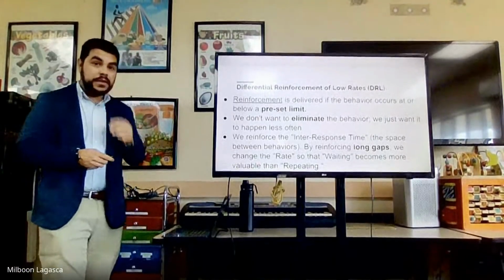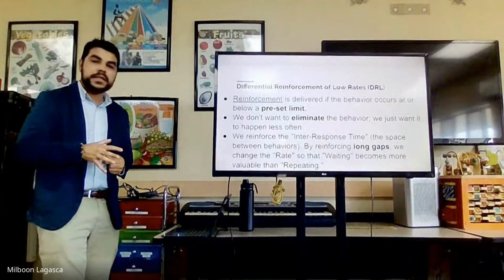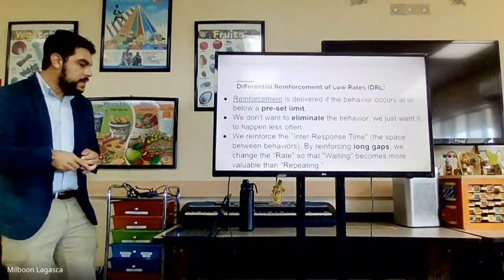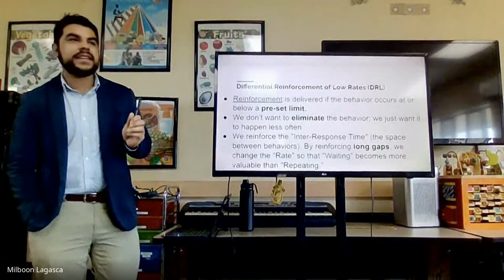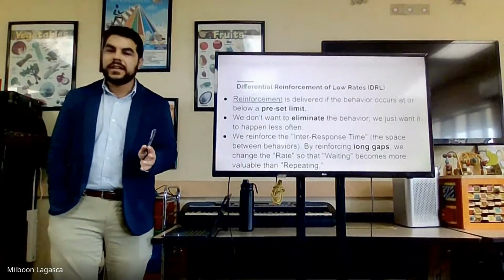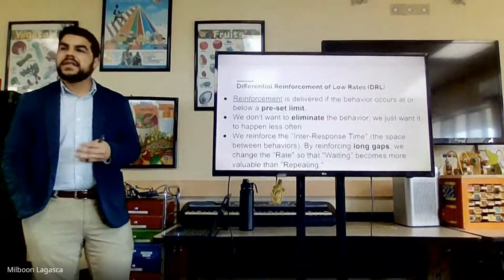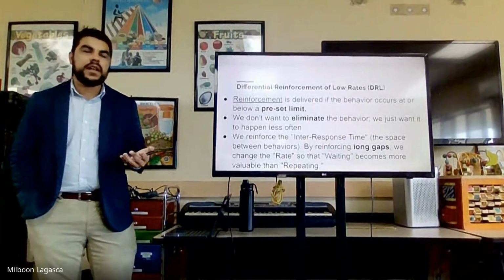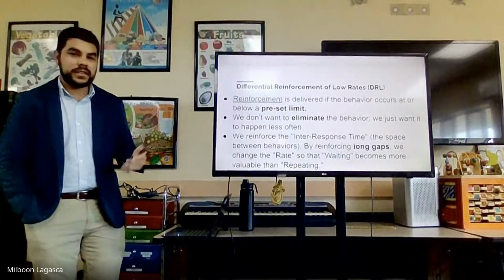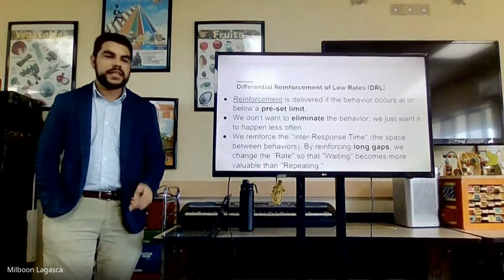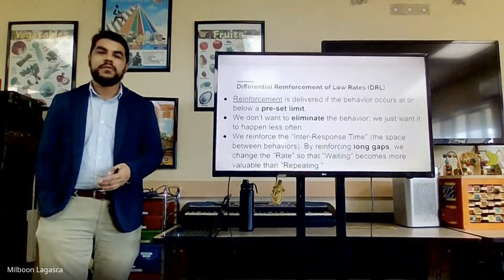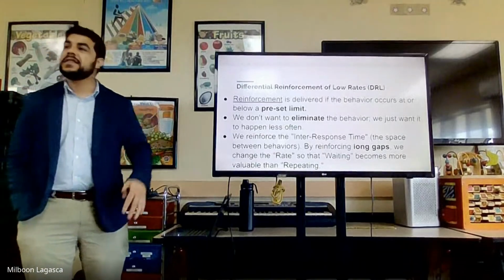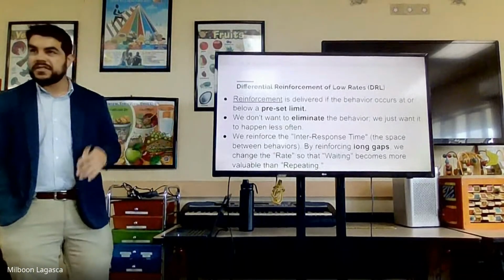But for now, the other differential reinforcement procedure is DRL. This is used when a behavior that is not necessarily too problematic occurs, let's just say it functionally does serve an appropriate use. However, it's happening too often. One common example in a classroom setting would be when a student constantly raises their hand to get the teacher's attention.